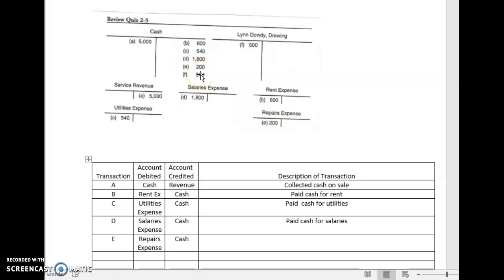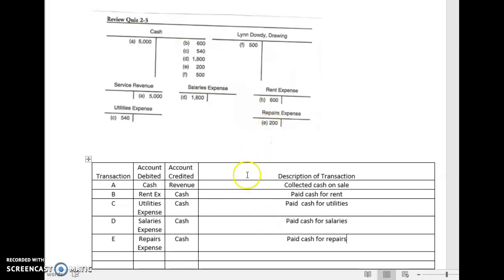Just because it's on the right, I know it's a credit. Just because this one's on the left, I know it's a debit. Now, it depends on the type of account, whether it increases or decreases. So, that depends. But an expense is a normal debit balance, so I have increased it. So, this one will be paid cash for repairs.